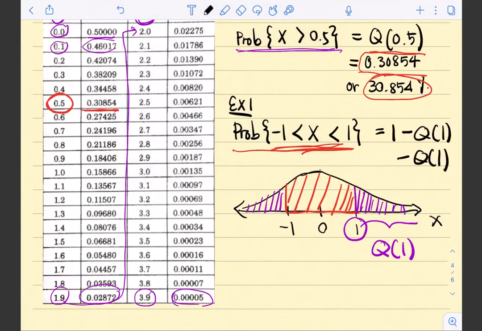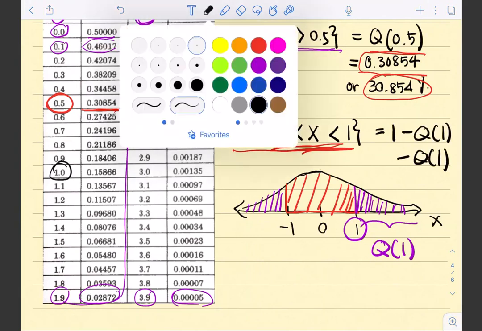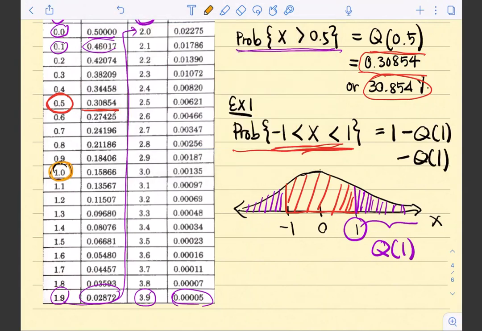Okay. So Q of 1, Z is equal to 1. You see that it's already given, it's equal to 0.15866. So you can find the answer.